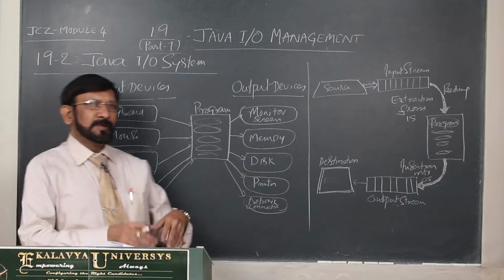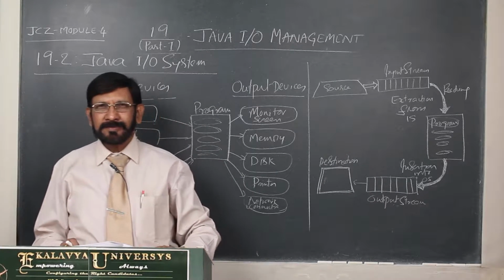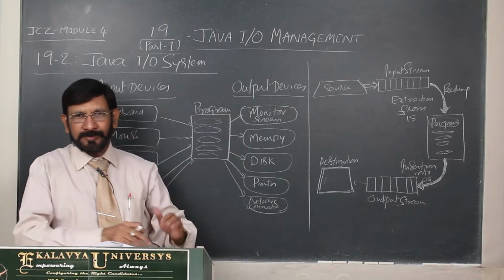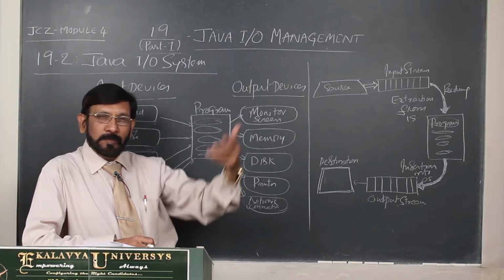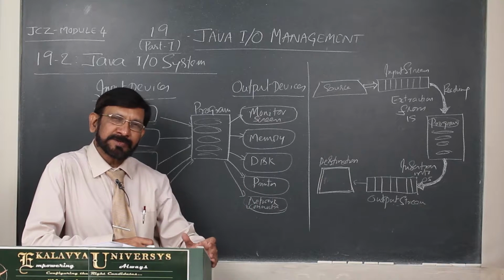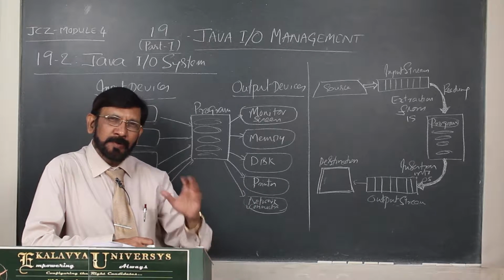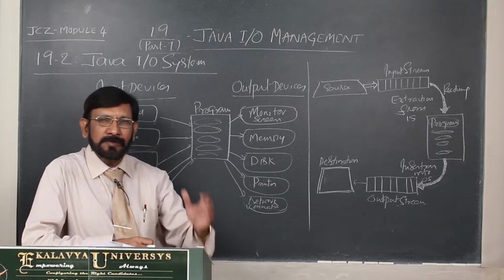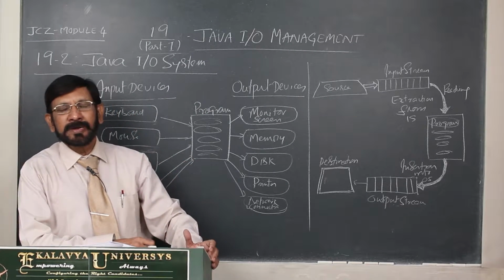By this example, you can understand, even without knowing the complete details, why so many classes are required. For the sake of specialization and efficiency in I/O operations, Java provided this number of classes.